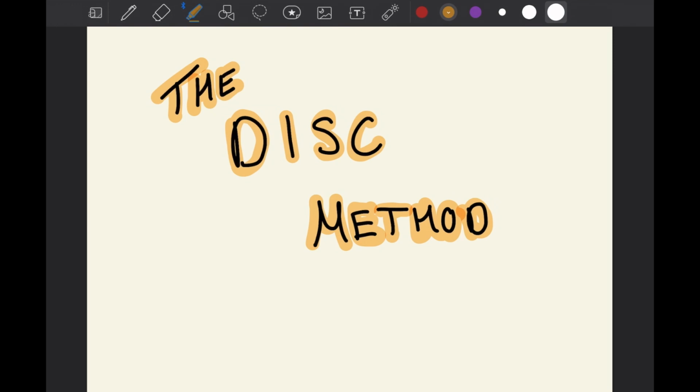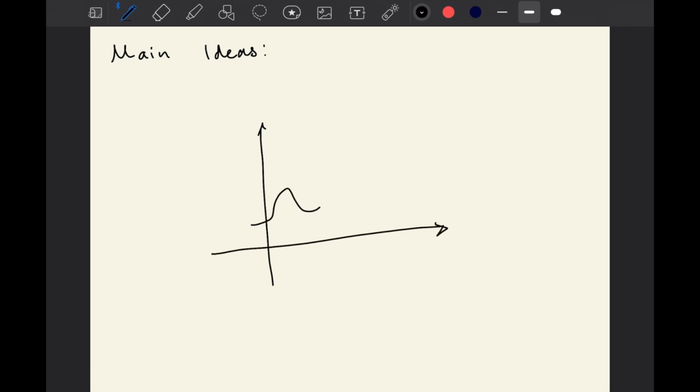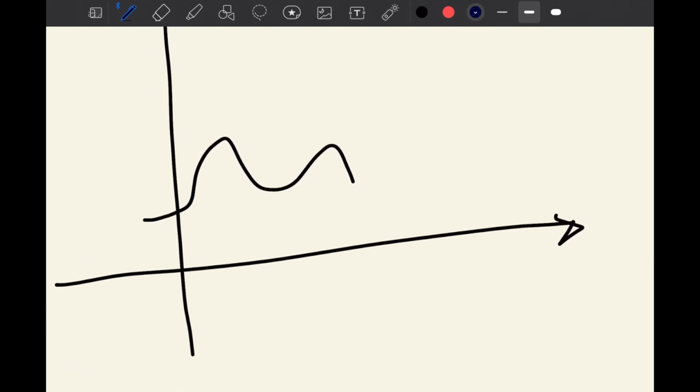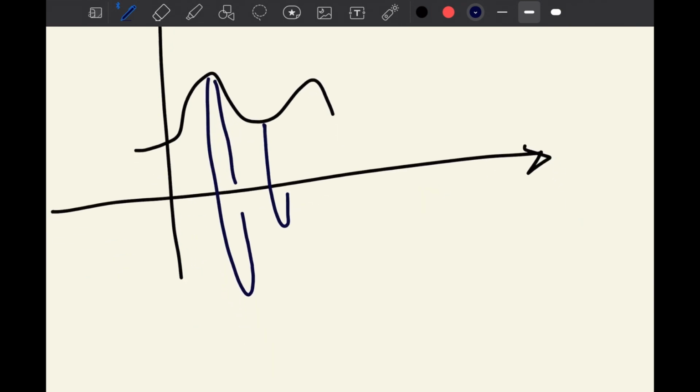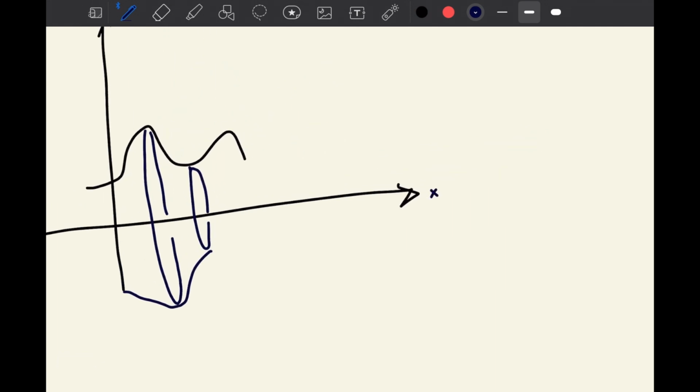Now, if we were to imagine this, say you have a function that goes like this, and you take this aspect of it and you rotate this whole function around, in this case, the x-axis.